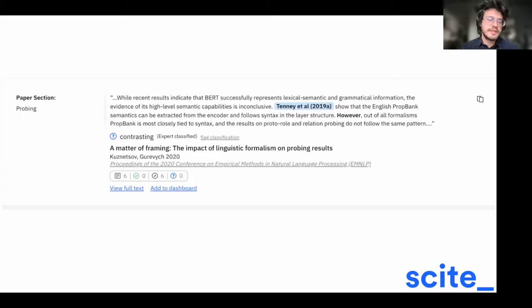But this paper criticizes that, because what it's saying is that the type of semantic information being captured in these higher layers is more of a syntactico-semantic type of information. It isn't a higher type of compositional semantics or other types of semantics.